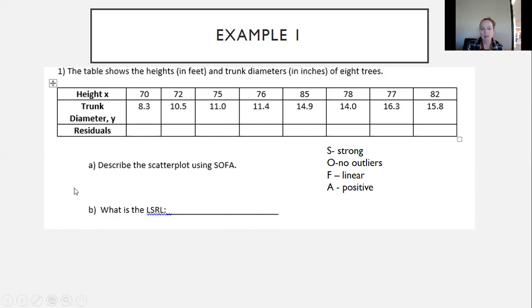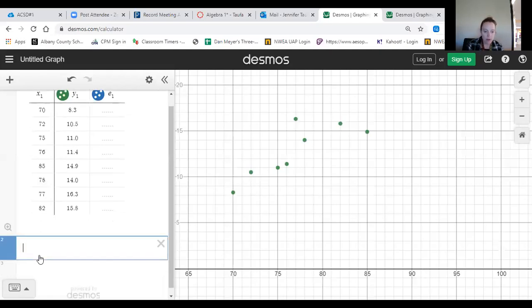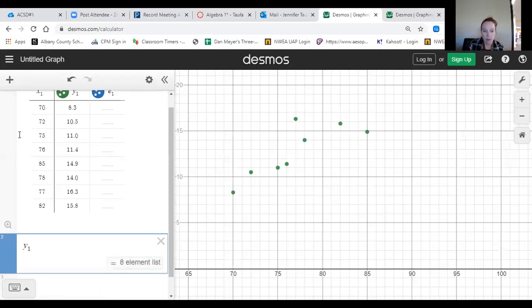Now, part B is asking for the LSRL. So what is the best line that you could possibly draw through this data? That's the best line of the best lines. You can't beat this line. So go back to Desmos. All you have to do is click in the box that says number 2, just like what I'm doing, and type in Y1 because your table is listed as Y1.